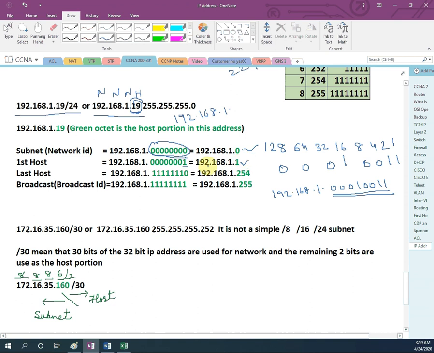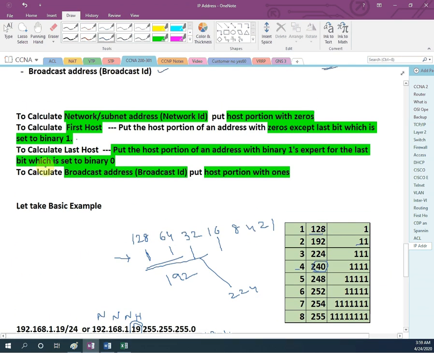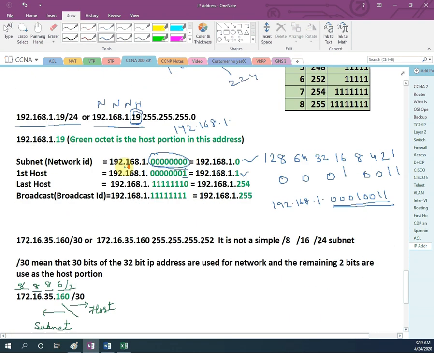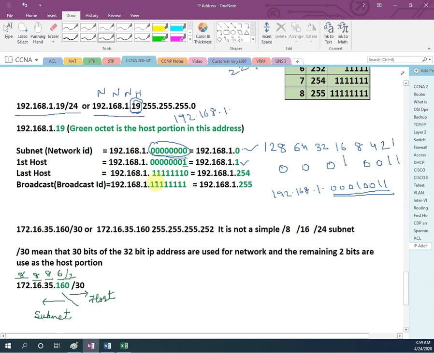But to calculate the last host, what do we need to do? Put the host portion of the address with binary 1 except for the last bit, which is set to binary 0. So we write all host bits as 1, and the last bit as 0.